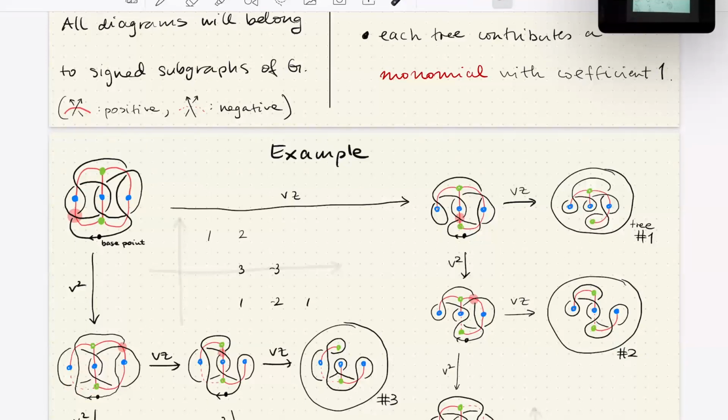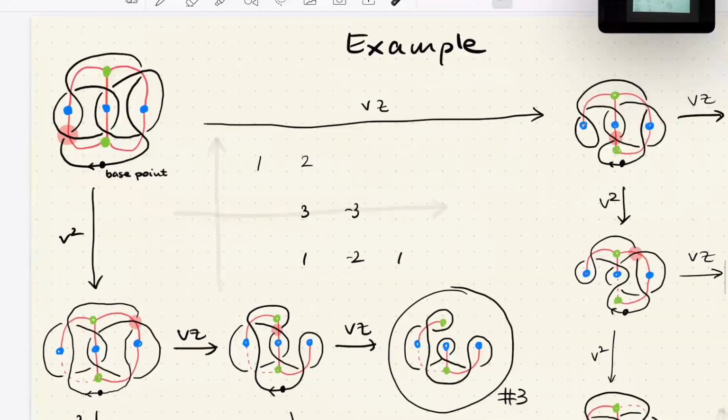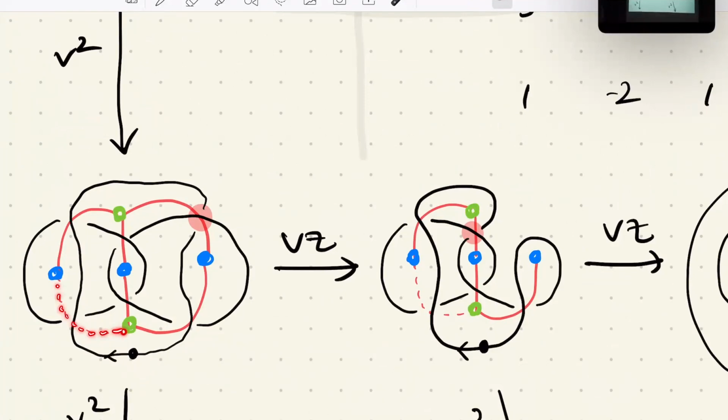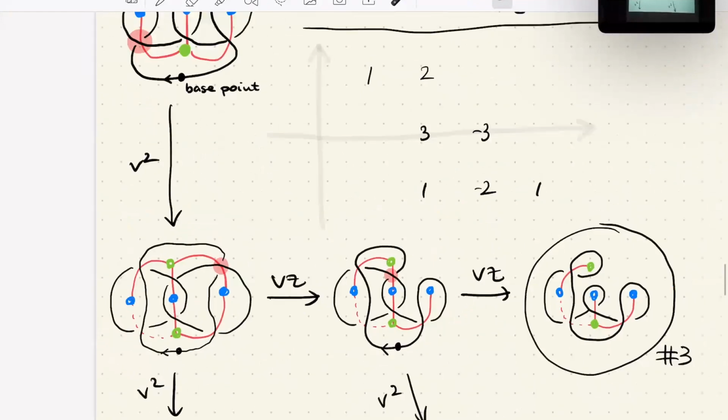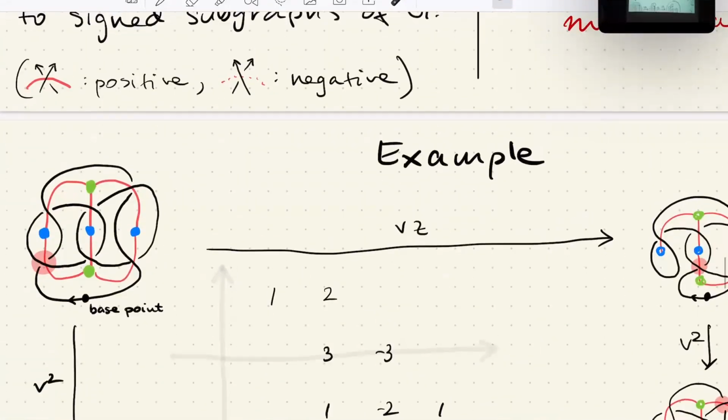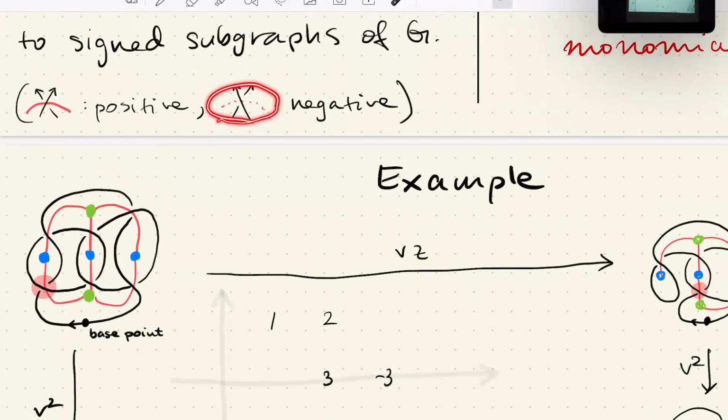The crossing changed from positive to negative. I can keep track of that too by decorating the edge. In this case, I just drew it dotted, right? That's to remind us that the corresponding crossing changed. It's not of this type, the positive type, but the negative type now. So later on too, I will call the original edges positive and the modified edges negative.